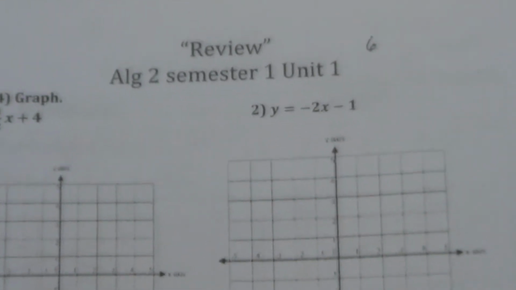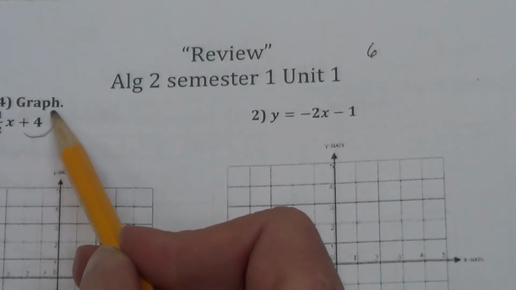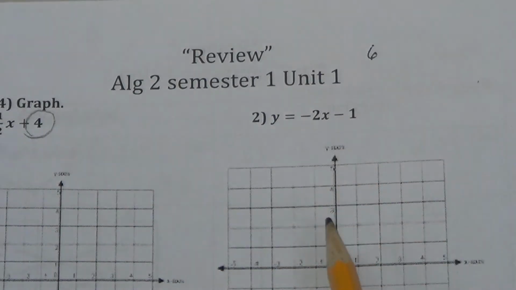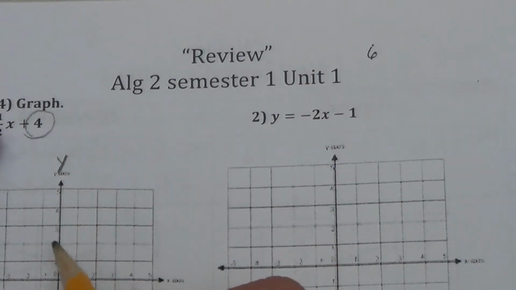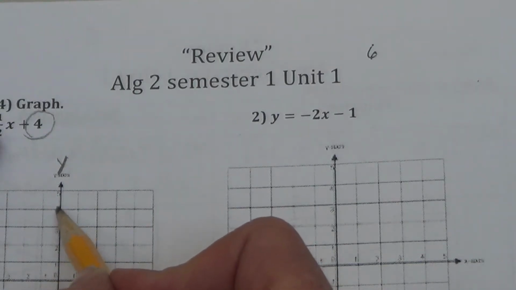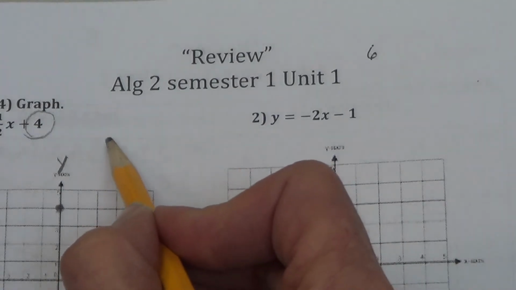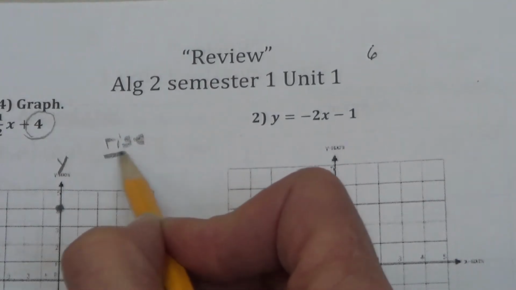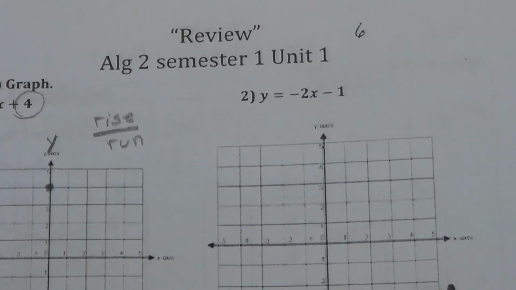We want to refresh your memory on how to graph. This is your y-intercept. You always go to it first. It crosses the y-axis at that point, so it crosses at +4. The slope is always rise over run. Never fall, always rise.